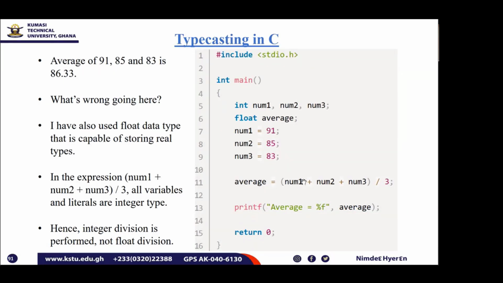So you see int num1, num2, num3, and then the average, which is the result of the 3 numbers, has been casted into what? Float. So at the end of the day, the average would be a float.